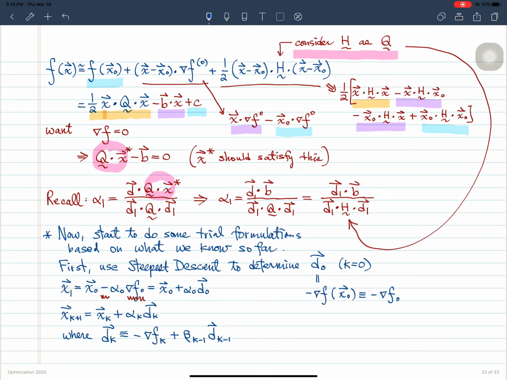So we want to add some coefficient times the previous d. We just define my new moving direction looks like this. And then if we define this equation in this form, can we make sure this is Q orthogonal with the previous d? With that request or that wish, see if we can derive what beta looks like. That is a very important equation because we will need to calculate beta later on.